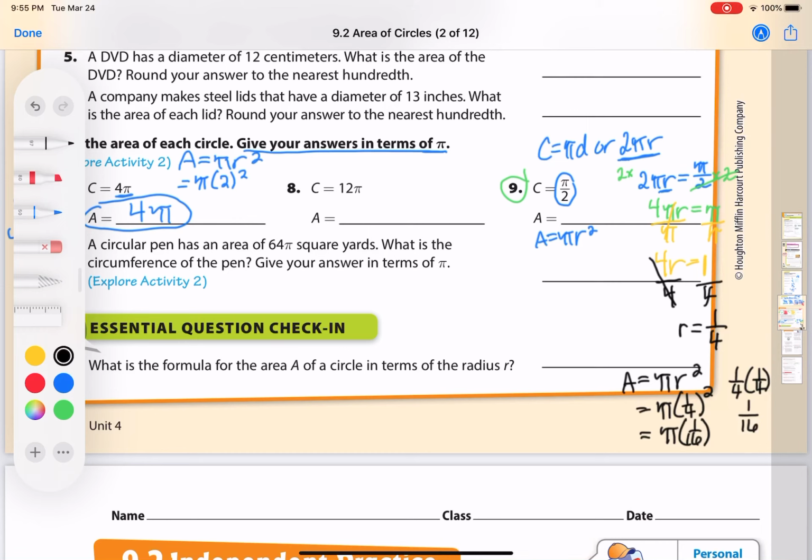So now I want to write it as area equals pi r squared. So I'm going to multiply pi as a fraction. That should be a 1 there. I'm sorry, it's cutting off at the bottom. So pi times 1 is pi. 1 times 16 is 16. So therefore my answer for number 9 is pi over 16.